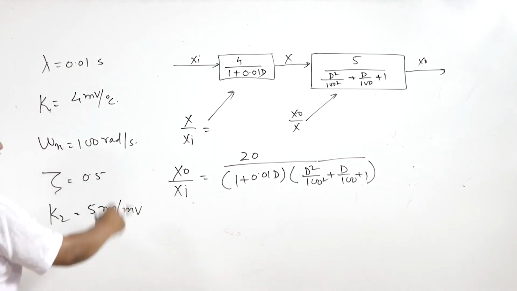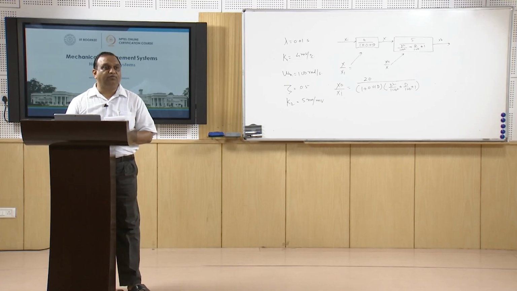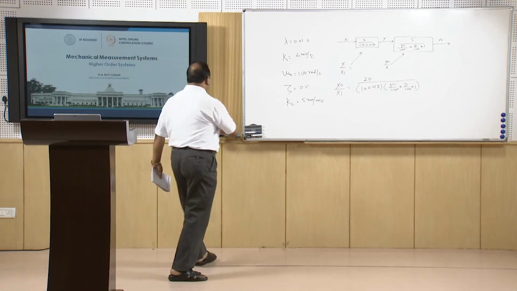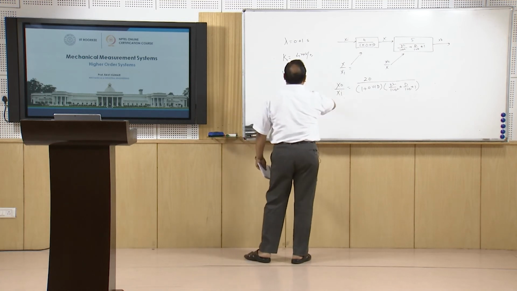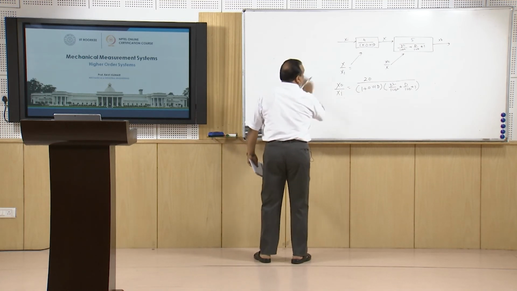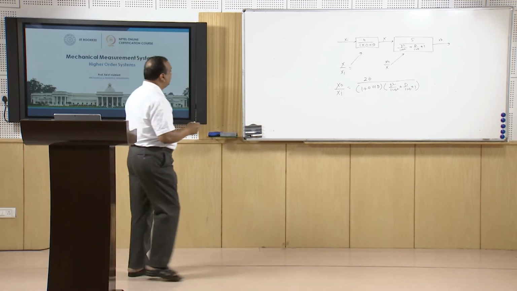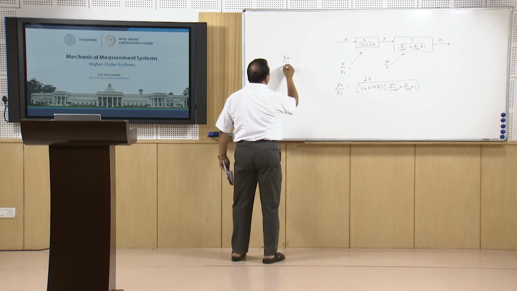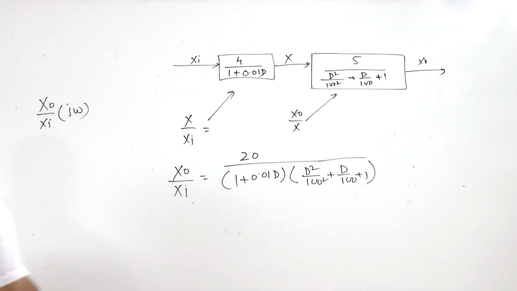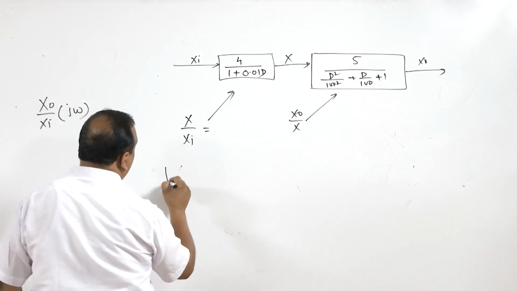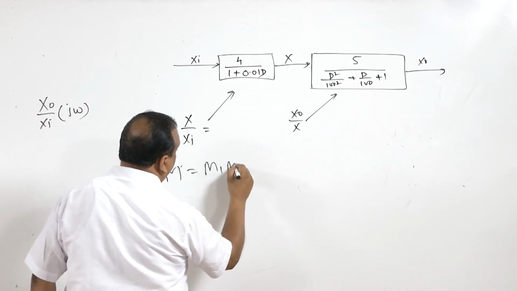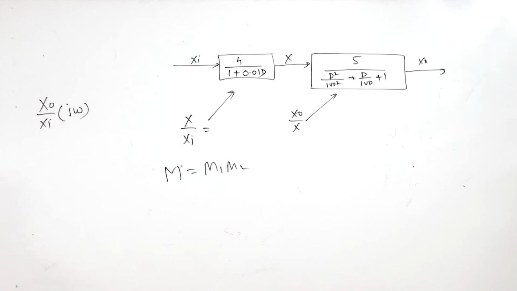Now simply we will take the log of this equation, and we have to replace d by i omega, because we are going for the frequency response. Once we are going for the frequency response, we will take XO upon xi as the frequency response of the system. So m is equal to m1 m2, and 20 log m is equal to 20 log m1 plus 20 log m2.